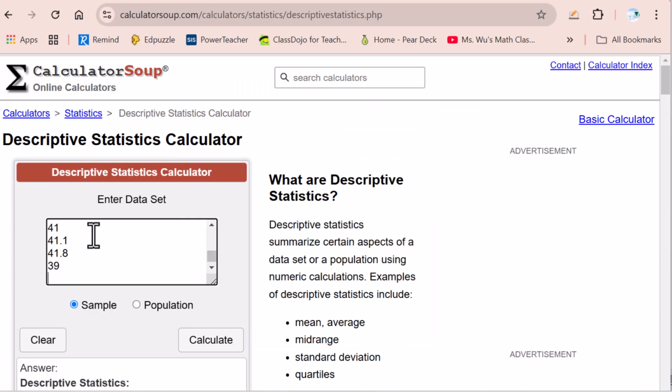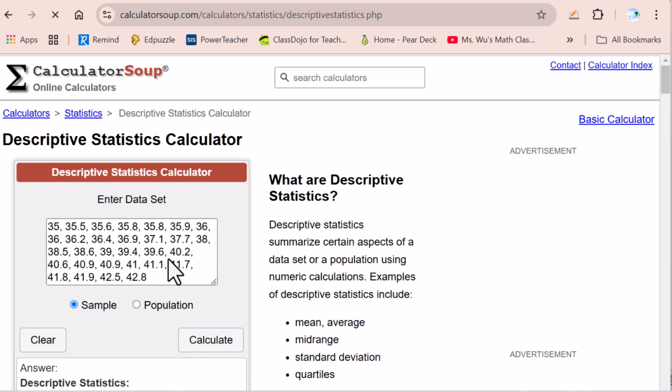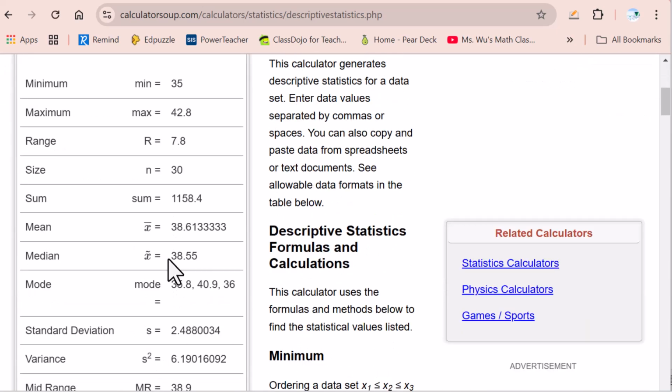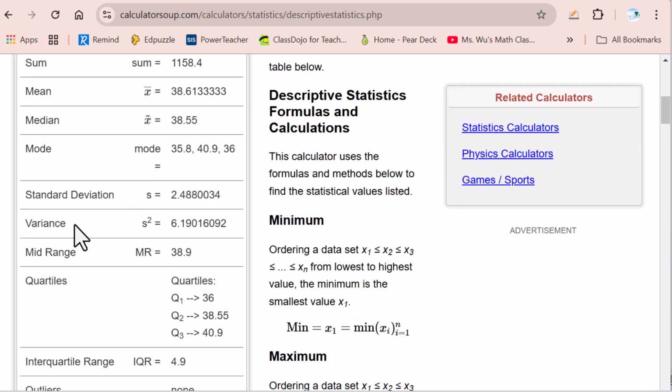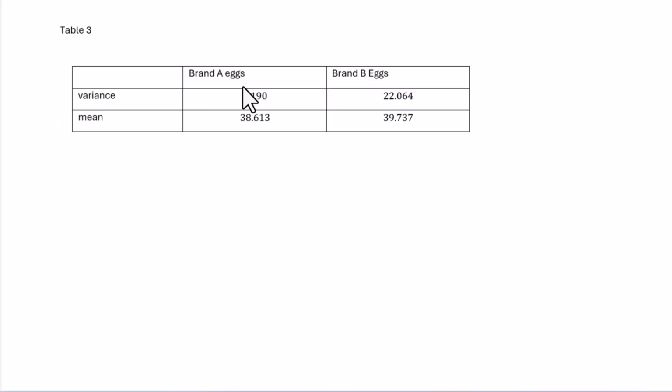Then Ctrl V paste, calculate. We need a mean equals 38.613. The variance equals 6.190. Do the same thing for brand BX.